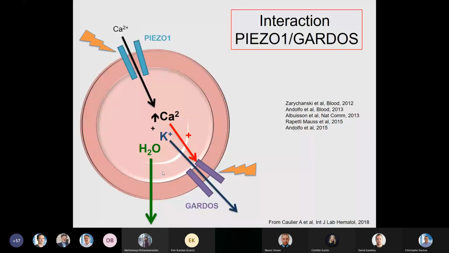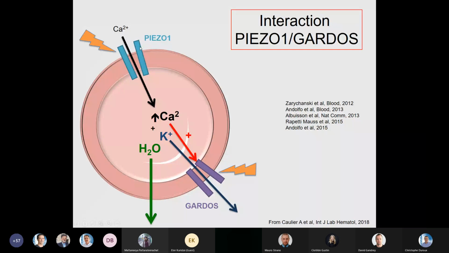So this is globally a little shortcut to evoke the pathophysiology of the dehydration you can see in hereditary xerocytosis. 90% of cases are related to gain-of-function heterozygous mutations. They are dominant disease mutations of the PIEZO1 mechanotransductor.